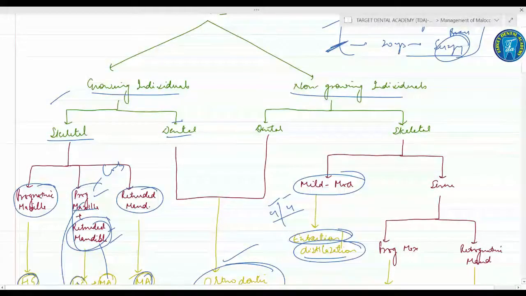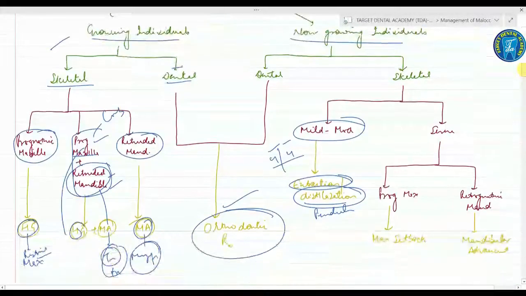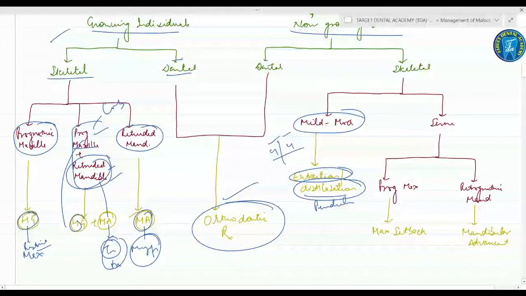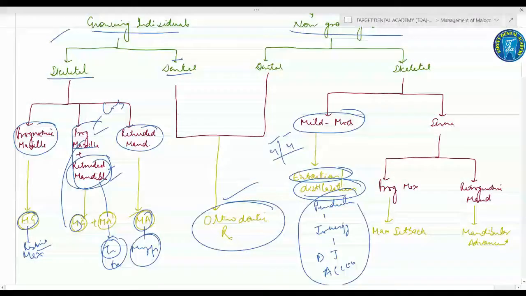Distalization of molars can be done with various appliances, like the pendulum appliance, the Jones jig, the distal jet, and the Aqua appliance. So these are the appliances which are helpful in the distalization of your molar.